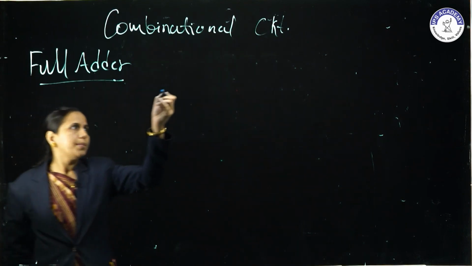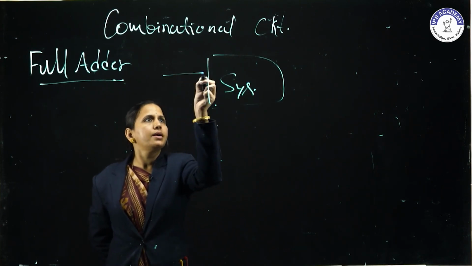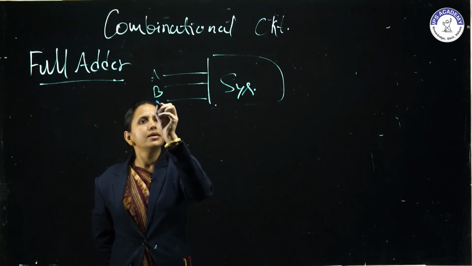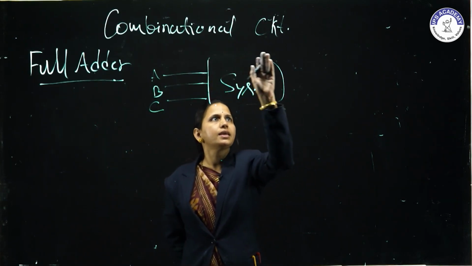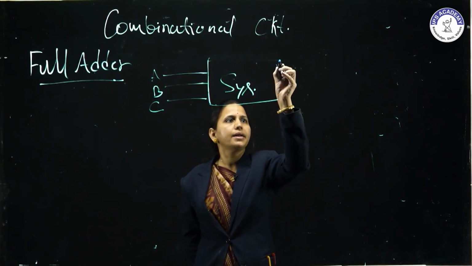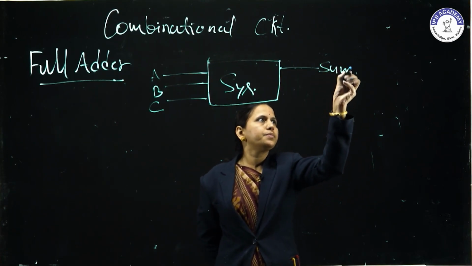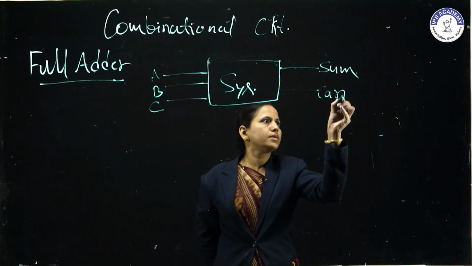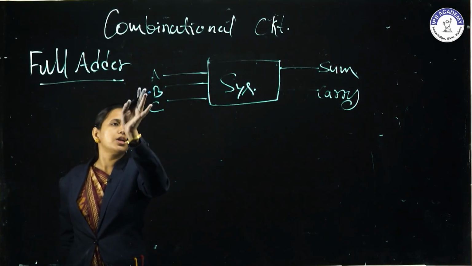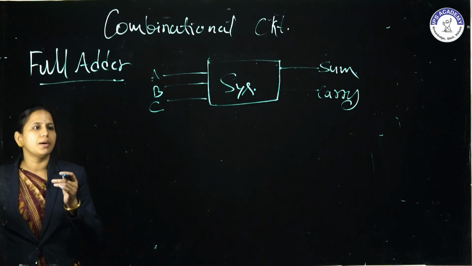Let the 3 numbers be A, B and C. In this case, there will be 2 outputs, sum and carry. By using the half adder we can add only 2 numbers, but by using the full adder we can add 3 numbers.